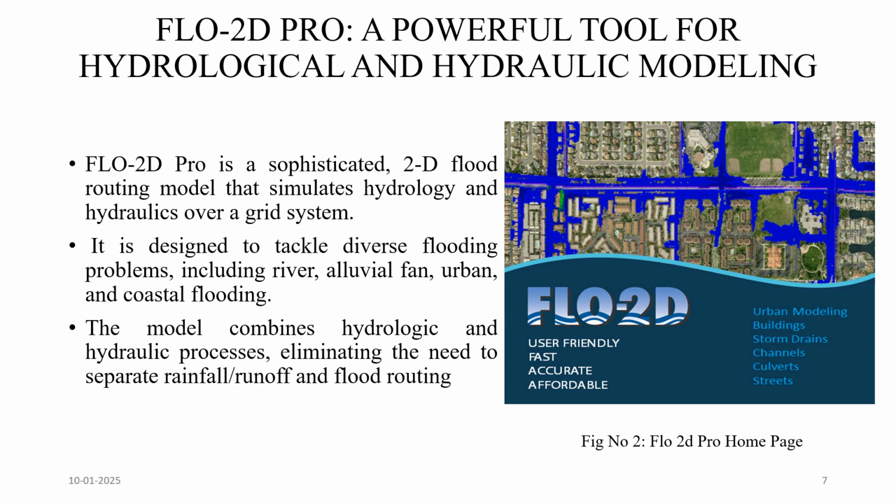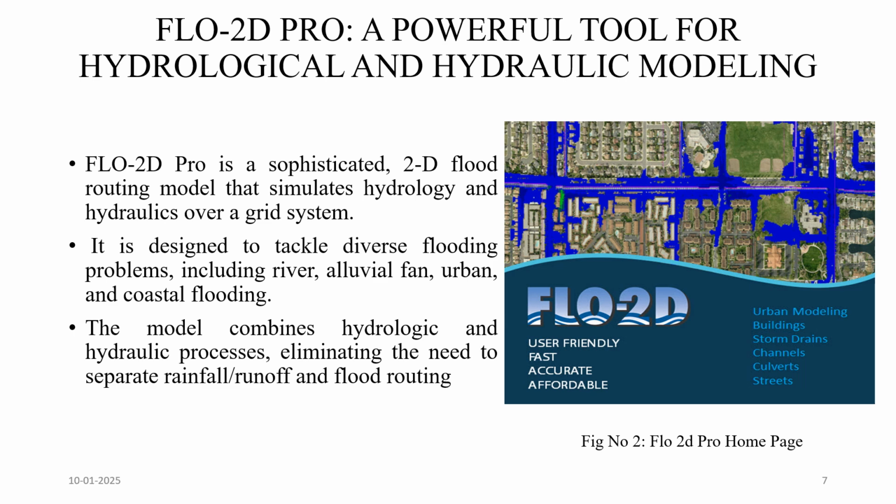Flow 2D Pro is a sophisticated two-dimensional flood routing model designed to simulate hydrological and hydraulic processes over a grid system. It is a versatile tool capable of tackling diverse flooding problems, including riverine, urban, and coastal floods. This slide introduces Flow 2D Pro key features such as its ability to combine rainfall or runoff and flood routing processes without requiring separate models.